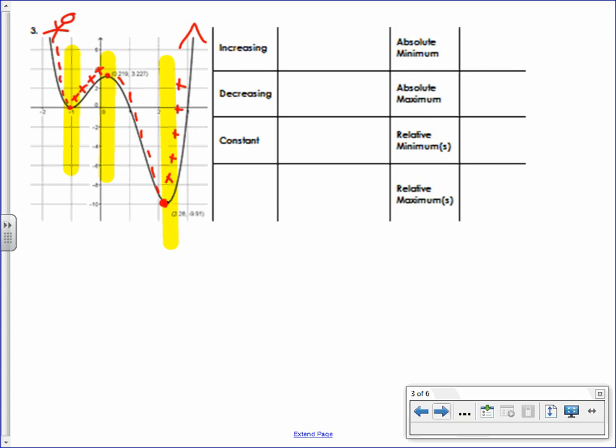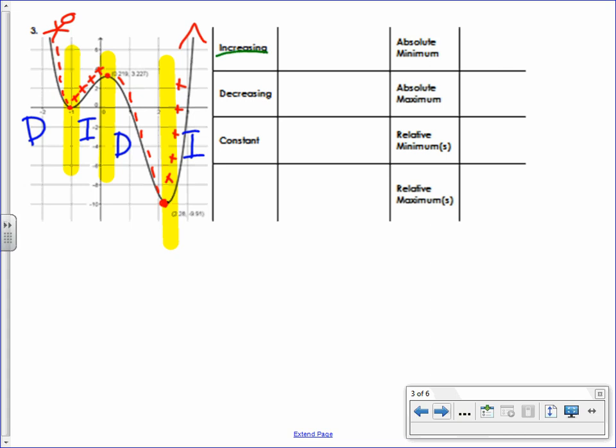So now I just need to label. What do I have? I've got one interval where he's decreasing. I have one where he's increasing. I have one where he's decreasing again. And then I have one where he's increasing. So if I'm starting with my increasing intervals, that would be right here.